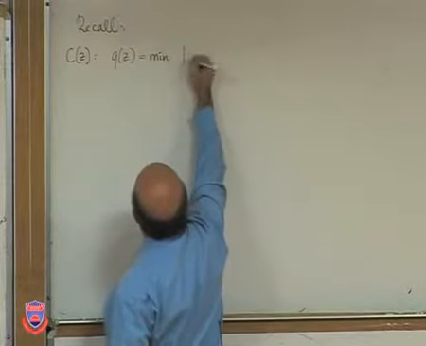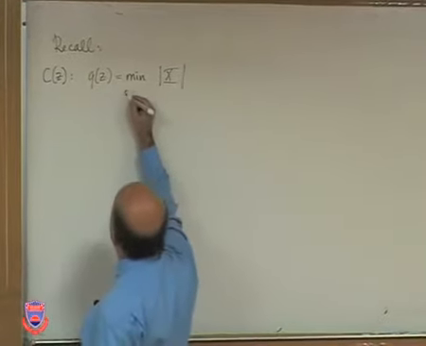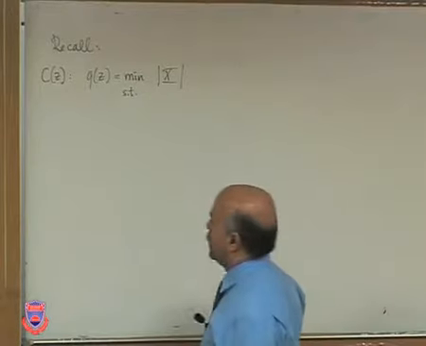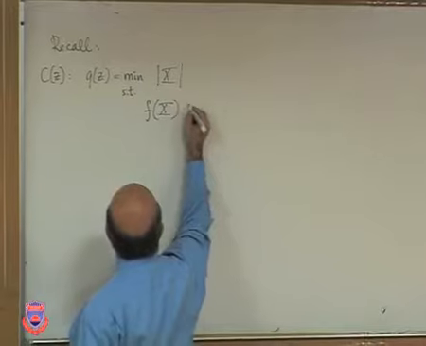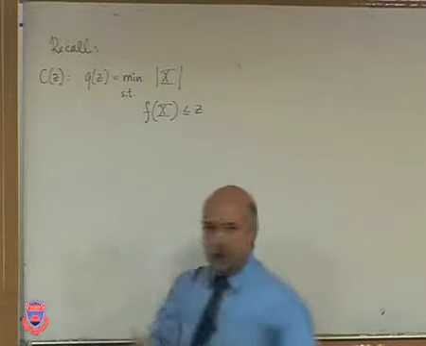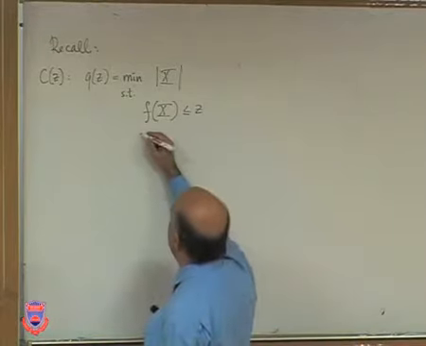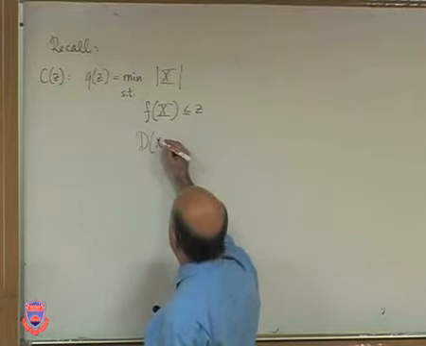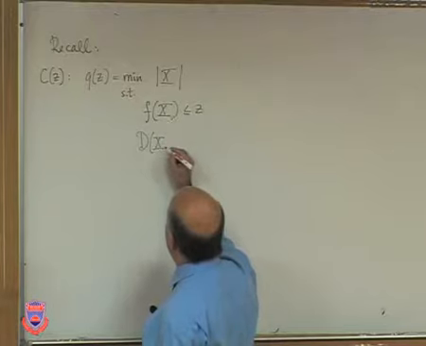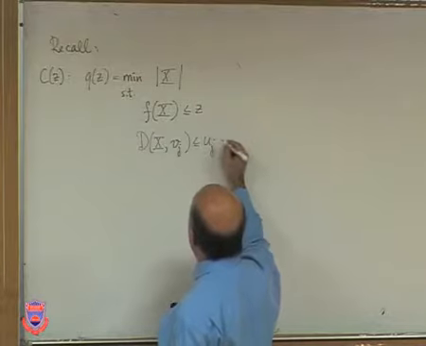You're minimizing the number of points to do the job. And the job to be done is the loss measure f of x is less than or equal to z, and the distance of x to each vertex vj is less than or equal to uj.